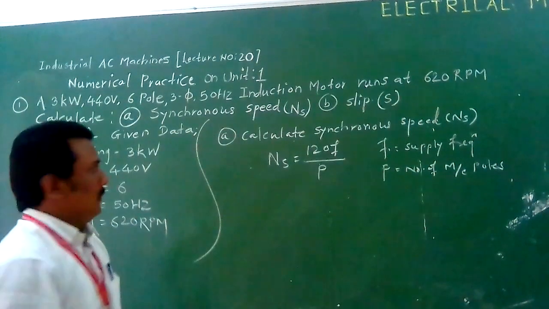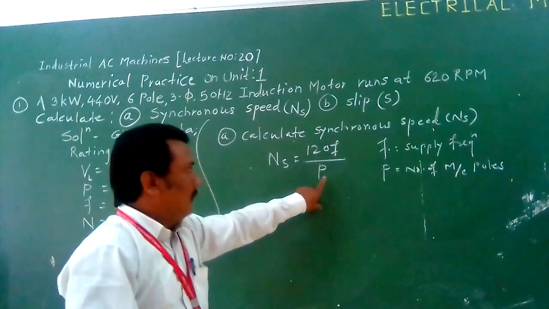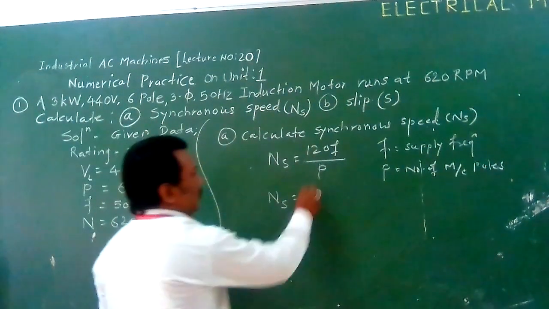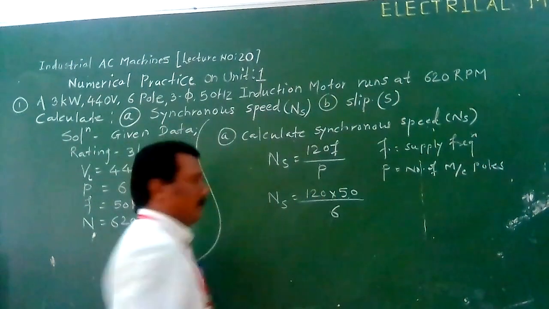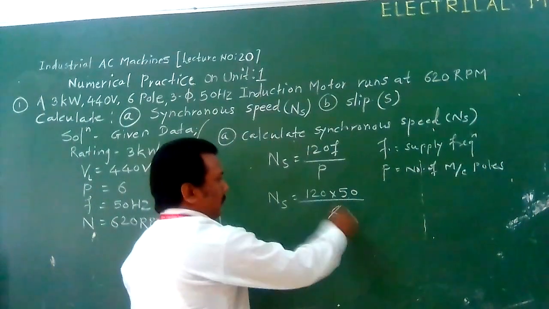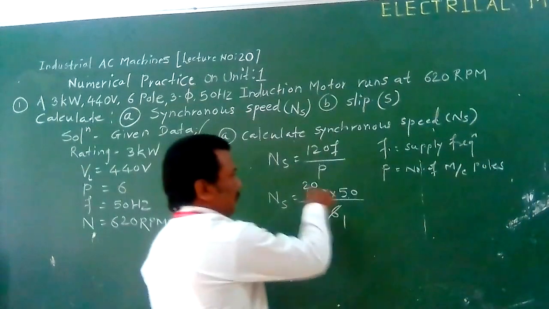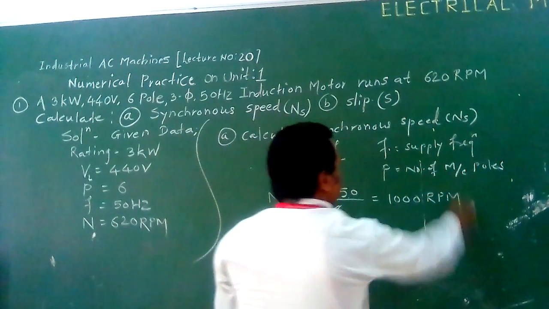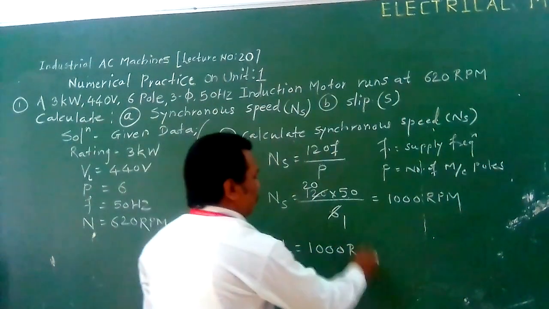From the given data, the frequency is 50 hertz and the number of poles is 6. So ns is equal to 120 into 50 divided by 6. By simplifying, 20 into 6 is 120, and 20 into 50 is equal to 1000 rpm. So firstly we have calculated ns as 1000 rpm.